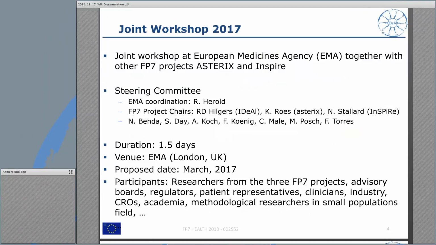As said, we are really grateful to the European Medicines Agency, particularly to Ralf-Dieter from the pediatric team, for giving us this opportunity to present the results of all 3 projects together. A steering committee has been set up, which is chaired by Ralf-Dieter and the 3 project leaders: Ralf-Dieter Hilgers from our project, Michael Stallard from InSPiRe, and Kit Roes from Asterix.